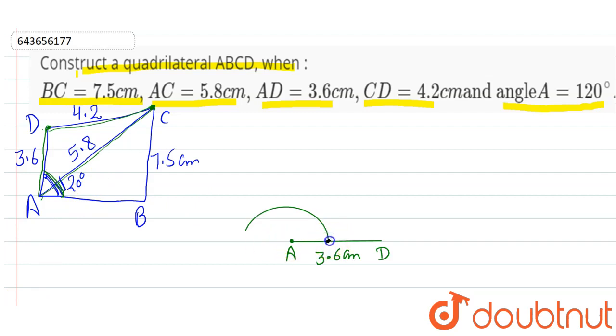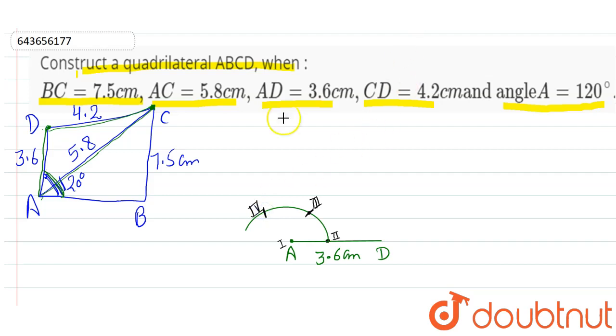Now with the same distance, put your compass here. First we will put compass at this point, secondly at this point, and mark an arc with the same distance. Don't change the distance of the compass. And thirdly, you will put your compass point here and again mark an arc. So this fourth arc will give you 120 degree angle.